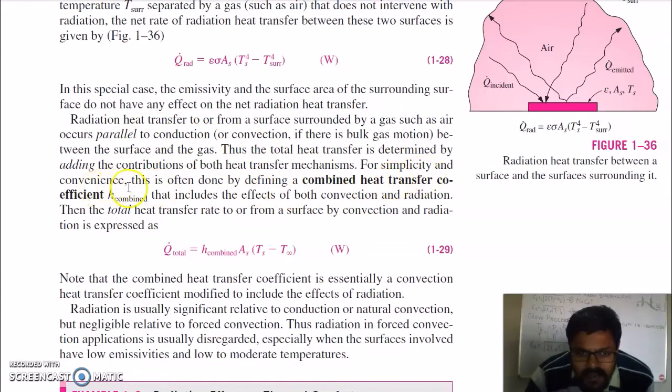For simplicity and convenience, this is often done by defining a combined heat transfer coefficient, h combined. So Q total is equal to h combined into area of surface into (Ts minus T infinity). This combined heat transfer coefficient is essentially a convection heat transfer coefficient modified to include the effects of radiation.